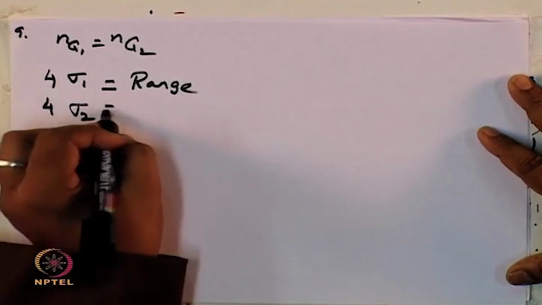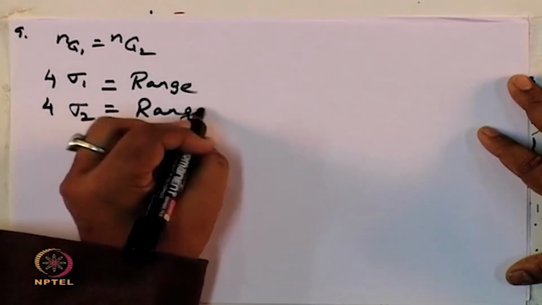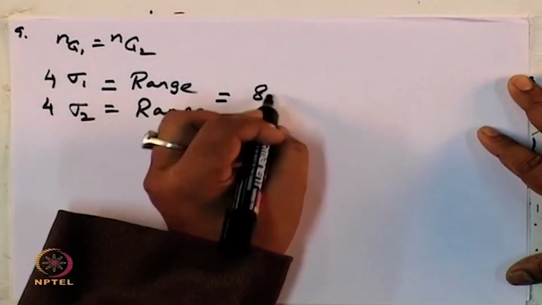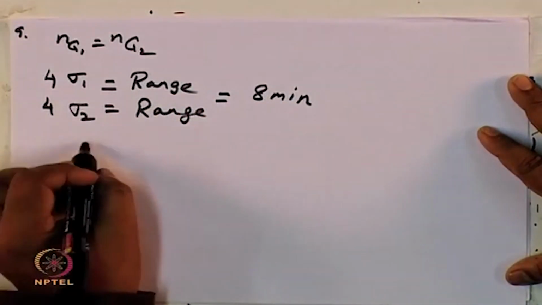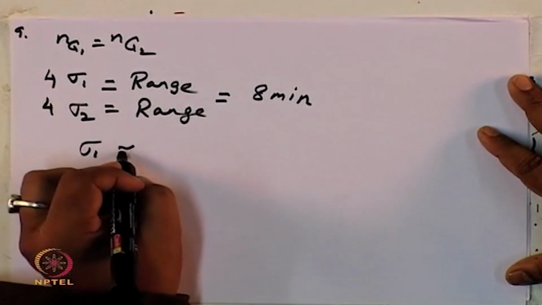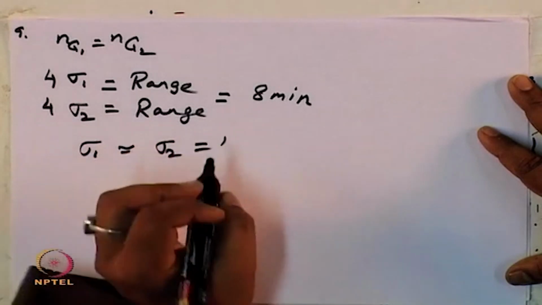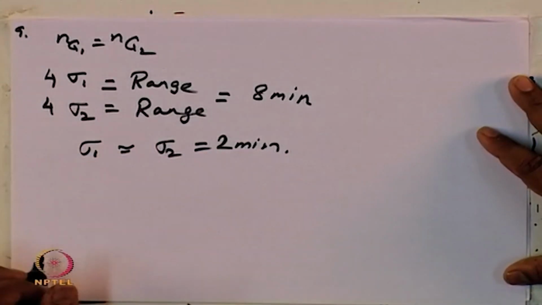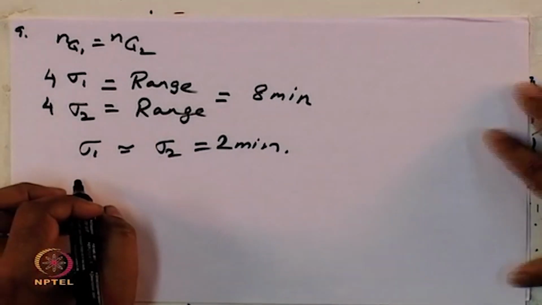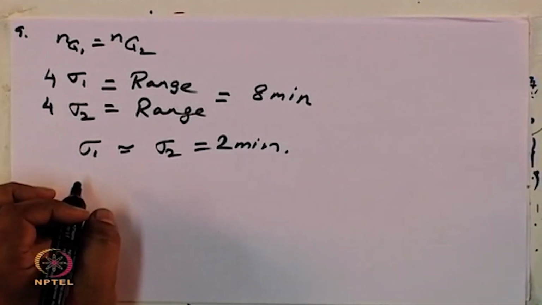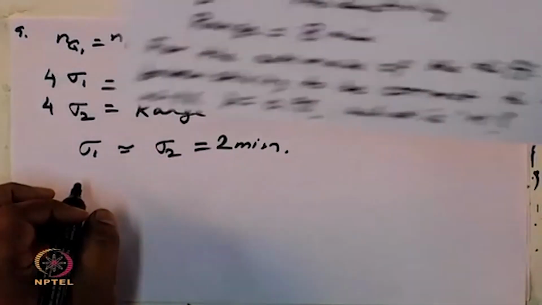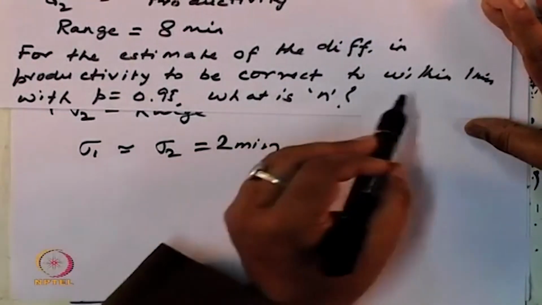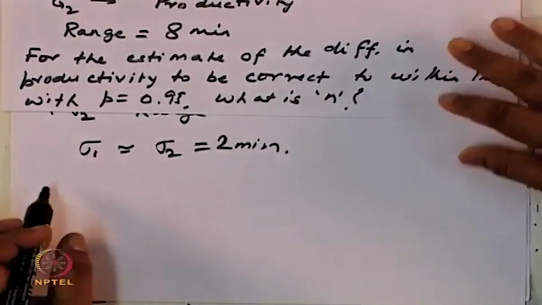So, I can write 4 times sigma equal to range, and this I am given as 8 minutes. So, from this you can estimate sigma 1 equal to sigma 2 equal to 2 minutes. And you want the difference in productivity to be correct to within 1 minute.